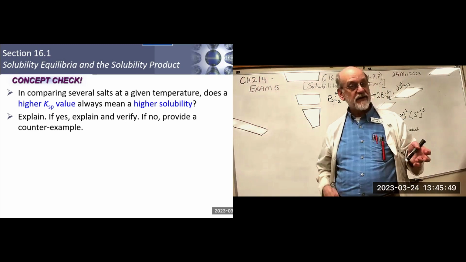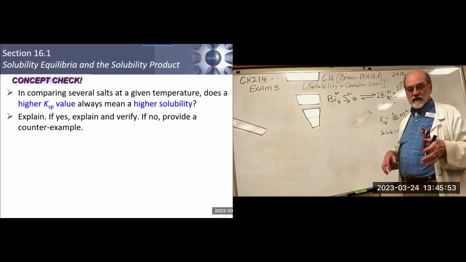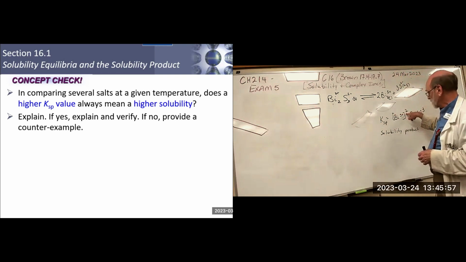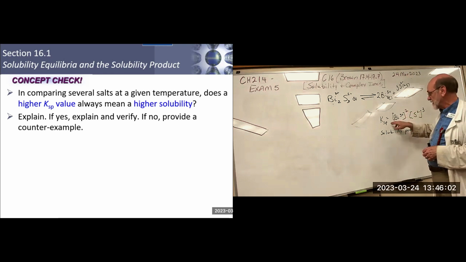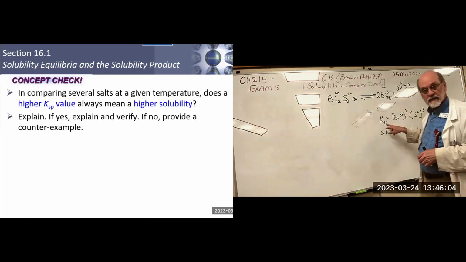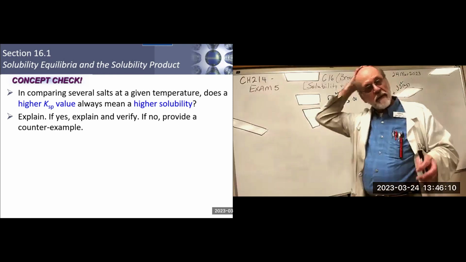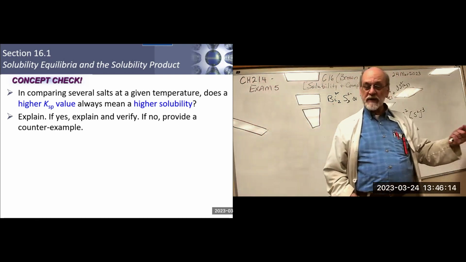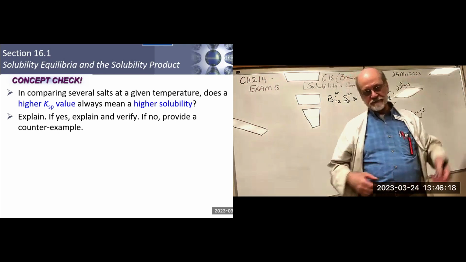In fact, it does not. The reason for that is mathematical as well as physical, because you have these powers here that have to be taken into account. This value could be wildly different than solubility. In other words, you can have a KSP of one salt that's very small, but it'll have a high solubility, and vice versa.